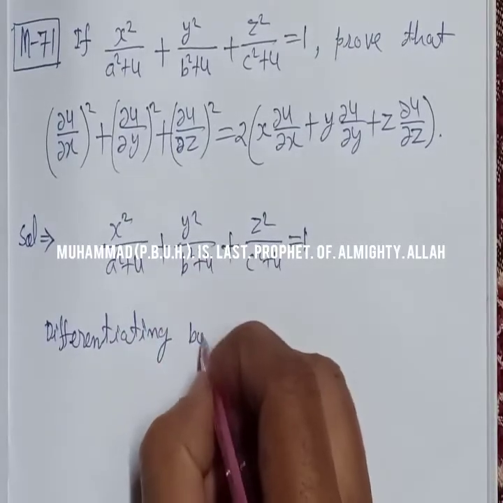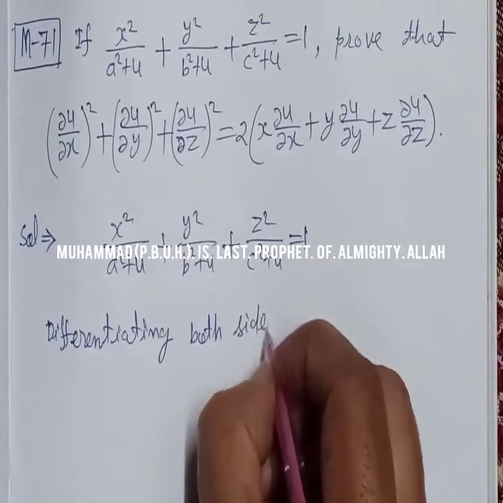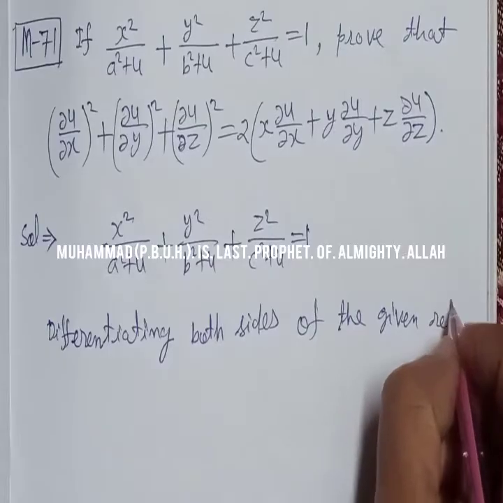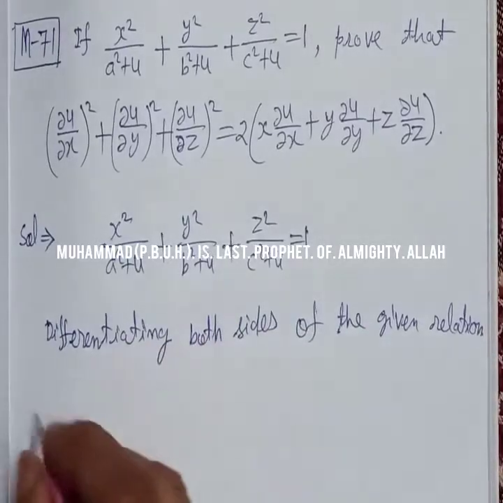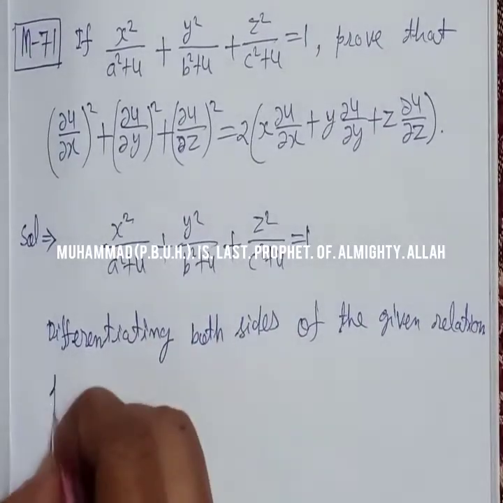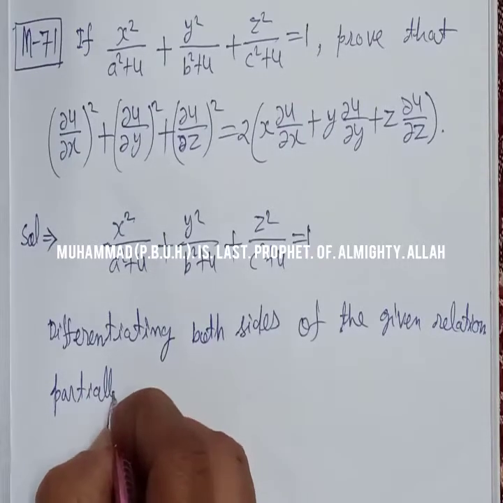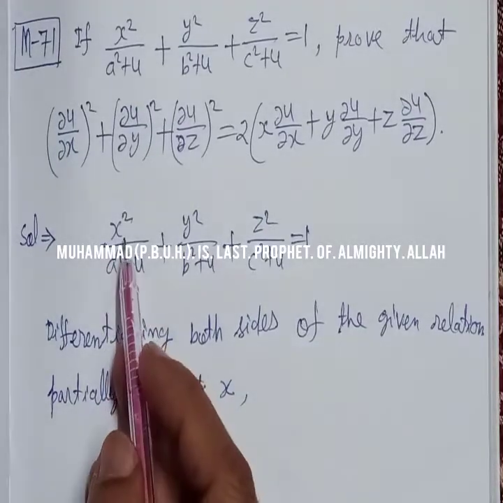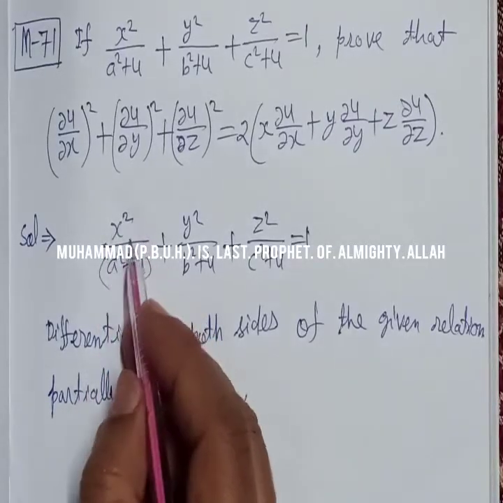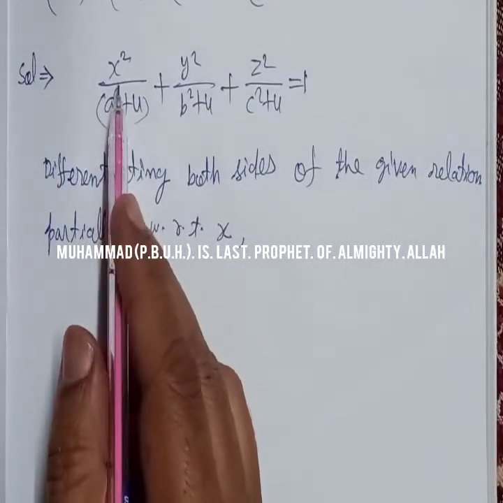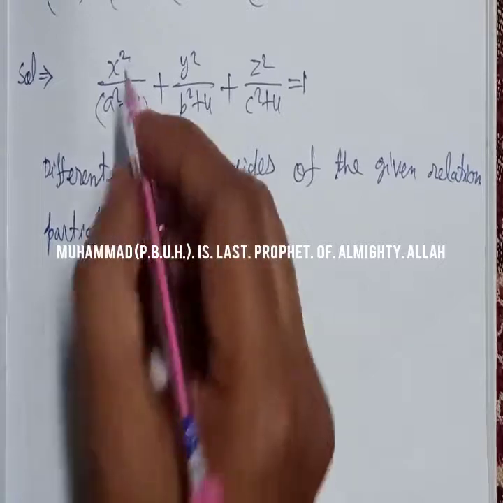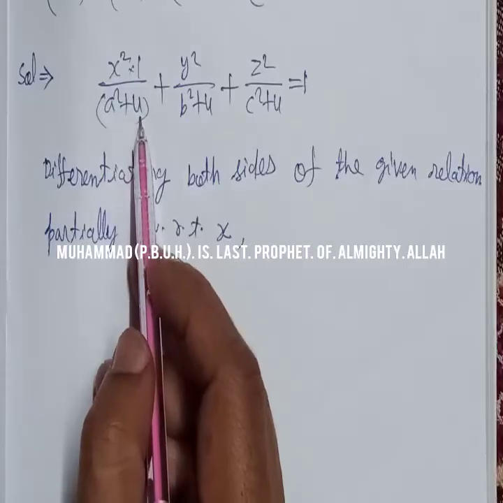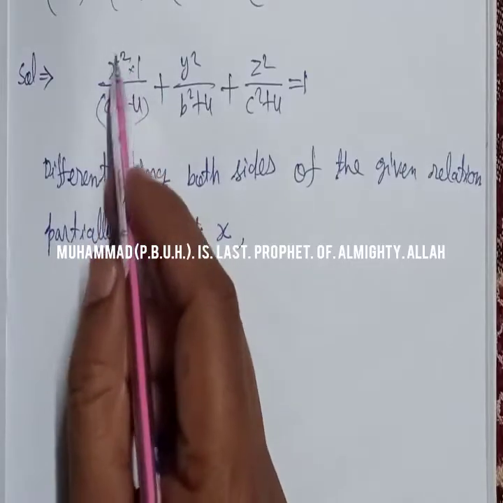Differentiating both sides of the given relation partially with respect to x, we get: on differentiating this term, we can consider 1/(a²+u) as one function and x² as another function.